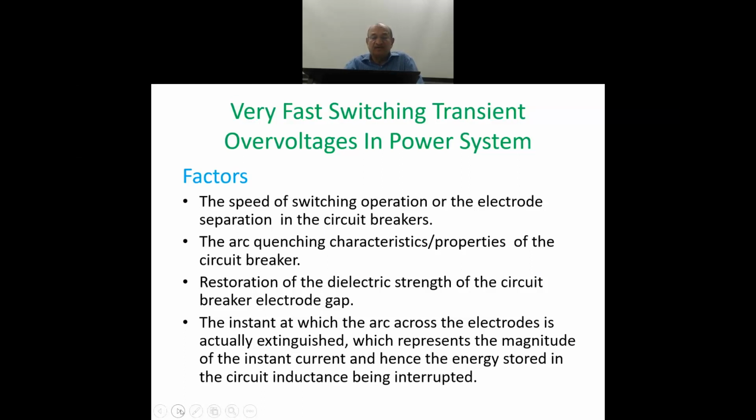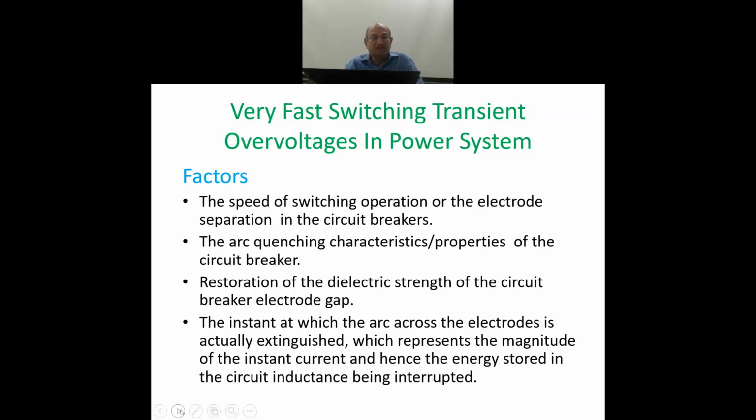We call it a very fast switching transient. The dielectric strength of the modern circuit breakers between the 2 points is very, very strong. Sorry, when the dielectric strength is not very strong, the current may get reignited because the voltage across the circuit breakers reignites the current by producing a short circuit in the dielectric.